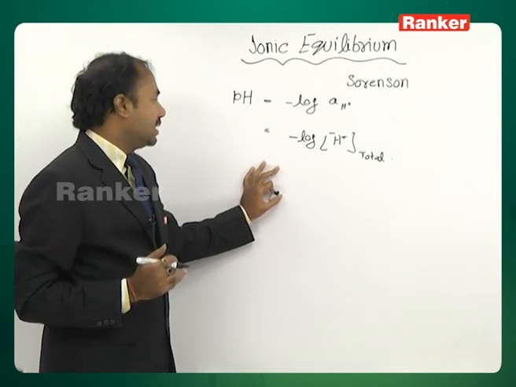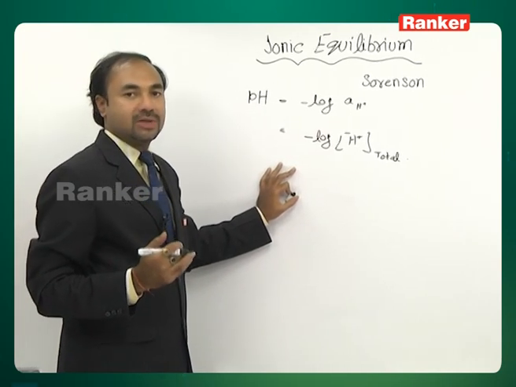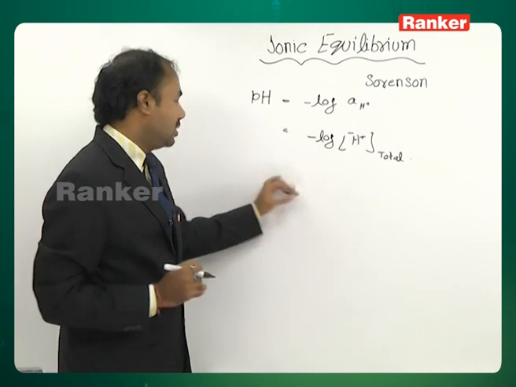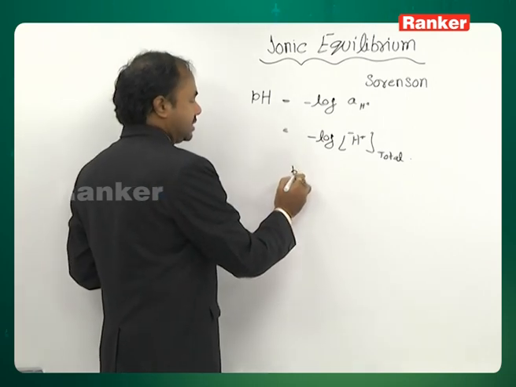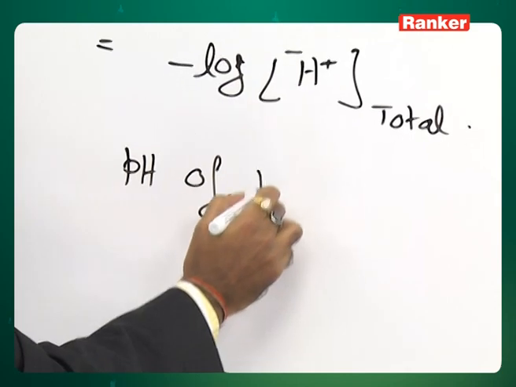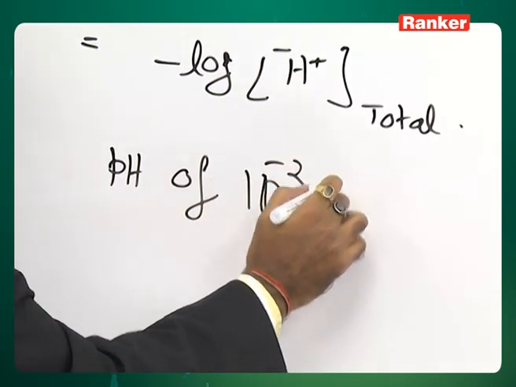Suppose you are given: find the pH of 10 to power minus 2 molar HCl solution.